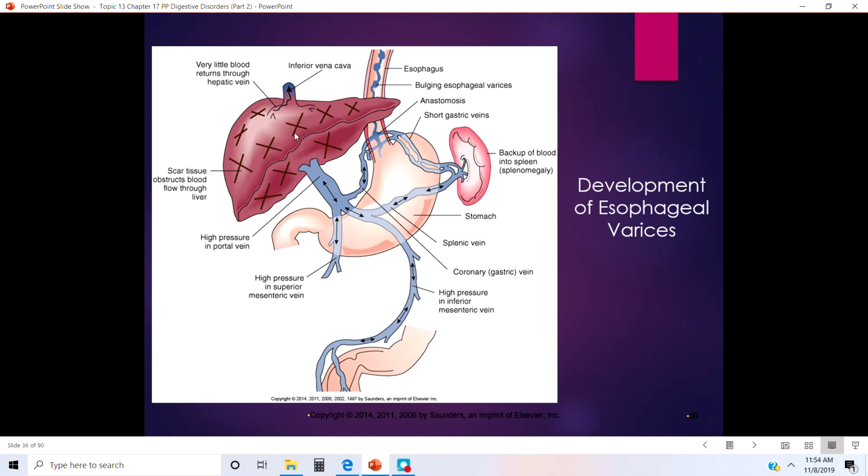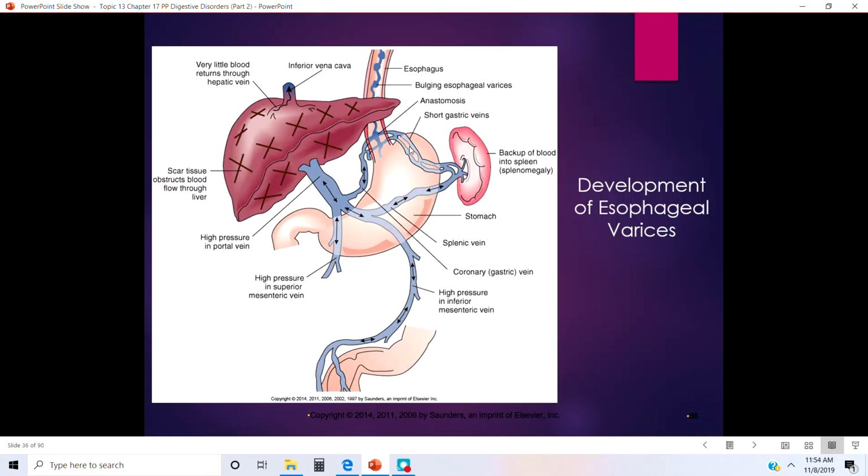When this liver is fibrotic, that slows the movement of substances from the hepatic portal vein into the liver, and the blood will back up. It backs up into the superior mesenteric vein, into the inferior mesenteric vein, and into the spleen, right? Hence the enlarged spleen and the hemolysis in the spleen.